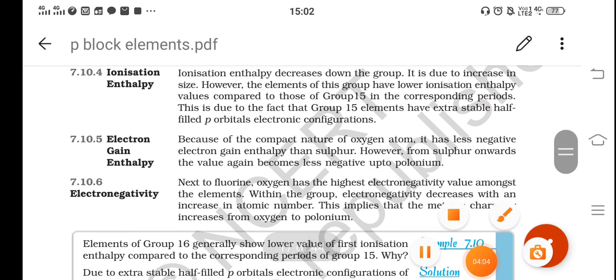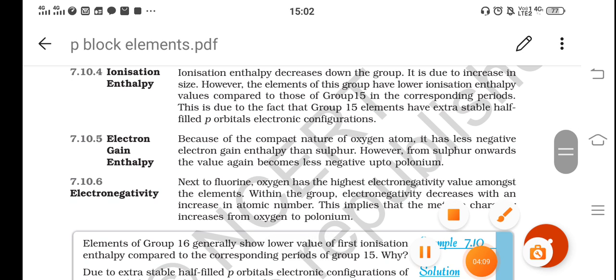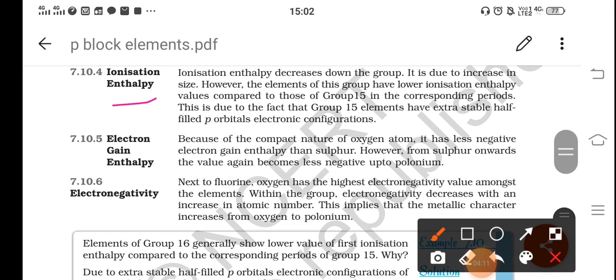The next property we are going to discuss in group 16 is ionization enthalpy. Ionization enthalpy means the energy required to remove the outermost shell electron. It is high because of the higher nuclear charge, but group 16 has a slightly lower ionization enthalpy in comparison to group 15.